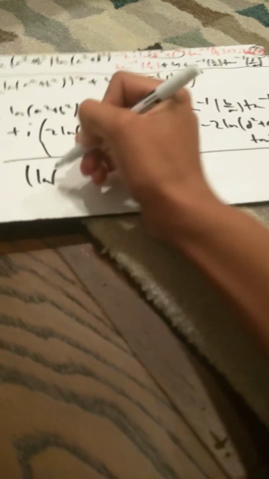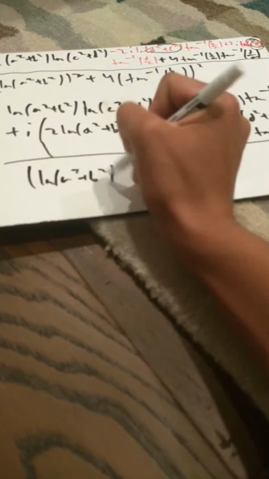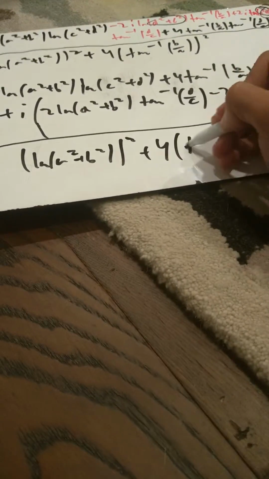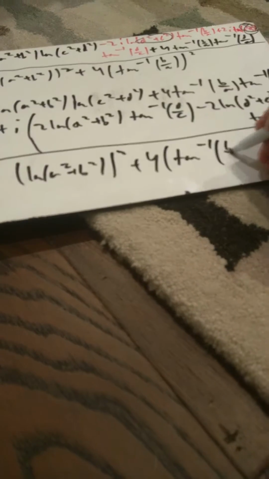And then we're going to divide this by the same thing, ln of a squared plus b squared, all squared, plus 4 times the arctangent of b over a, all squared.